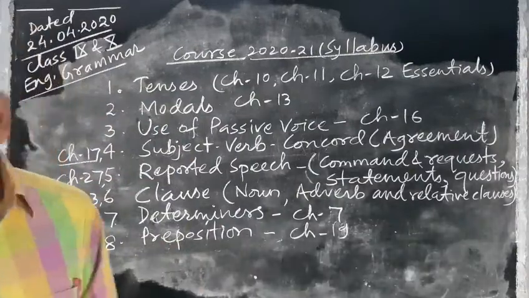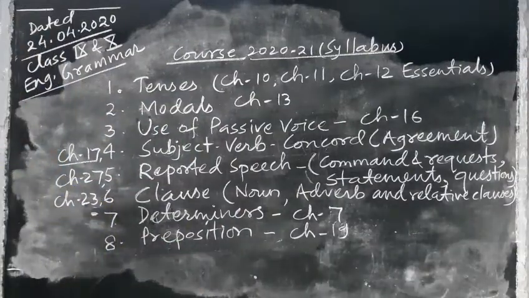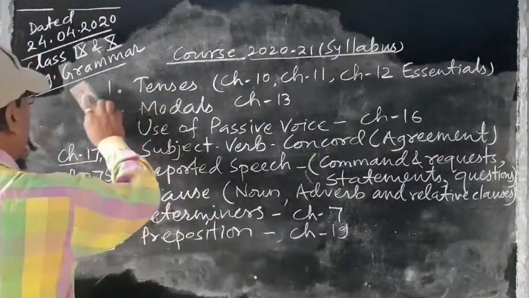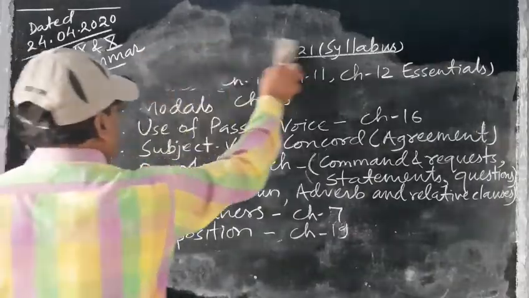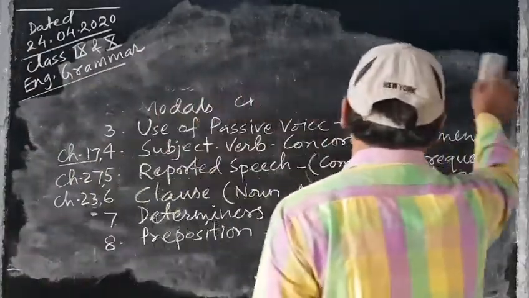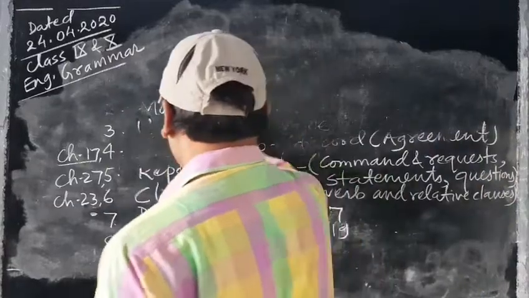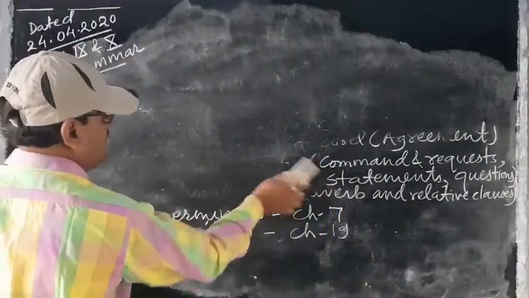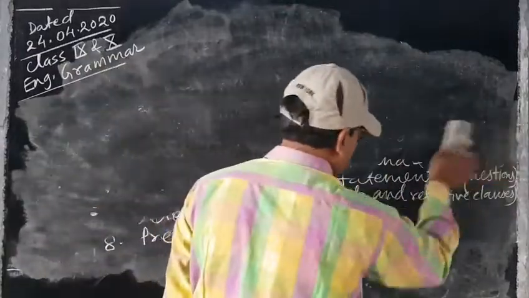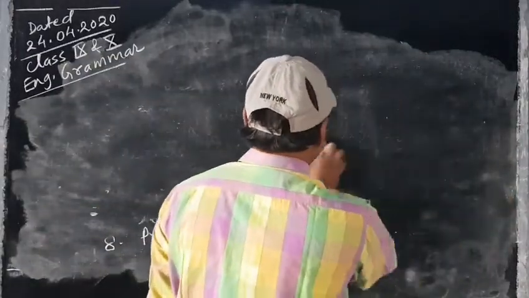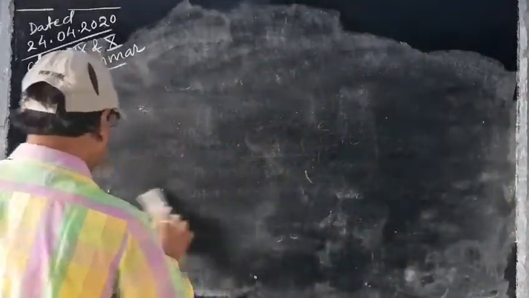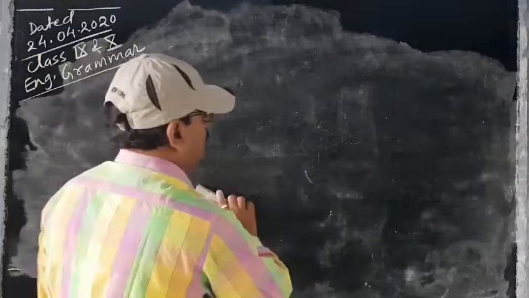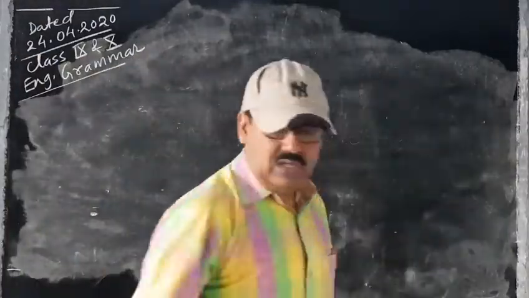Now we are starting from chapter 10 of this book, Essential English Grammar and Composition. This was the course and syllabus for this year 2020-21 for both classes, class 9 and class 10. So I am making this video a little bit lengthy so that you can take it.